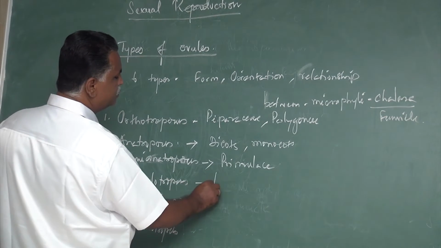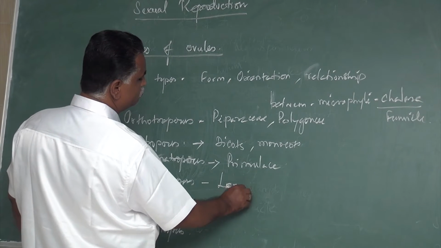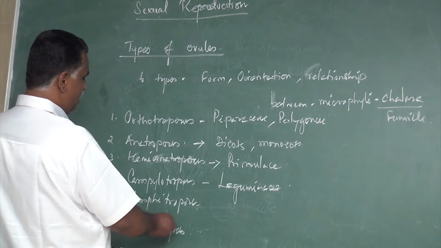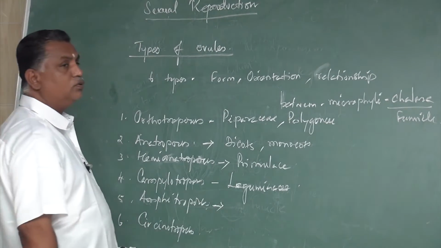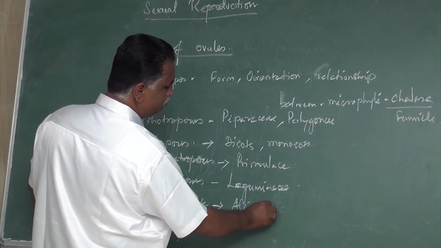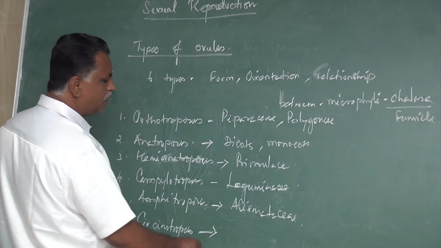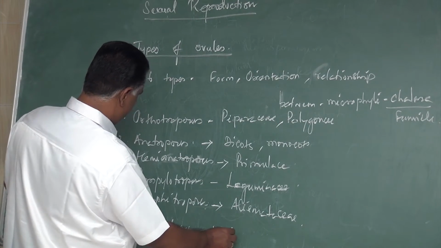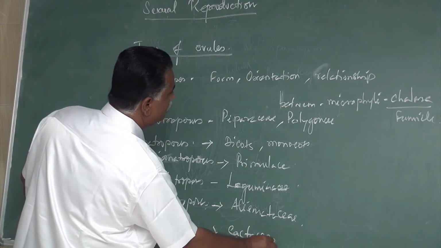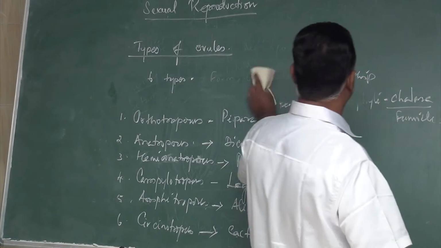Campylotropous is found in Leguminaceae members. Amphitropous ovules are found in Alismataceae. And cyclotropous ovules are found in Cactaceae. We'll see the structure of all these 6 types of ovules one by one.